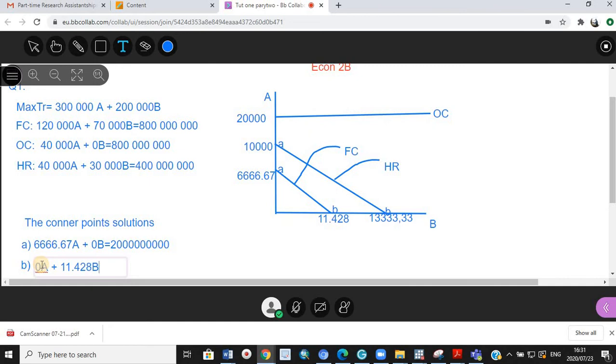B should be equal to, just put in the calculator, 114.8 times 210,000. It should be equal to 2285, right? And 6. Okay, so this is the way.